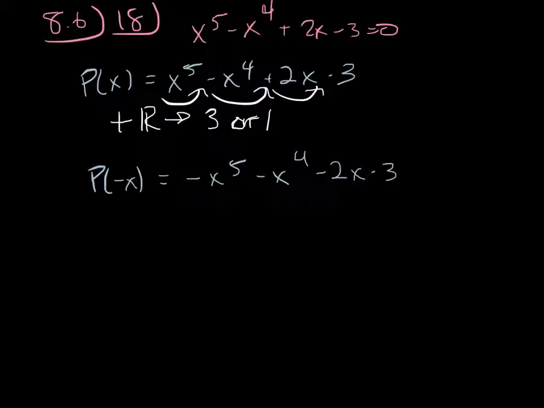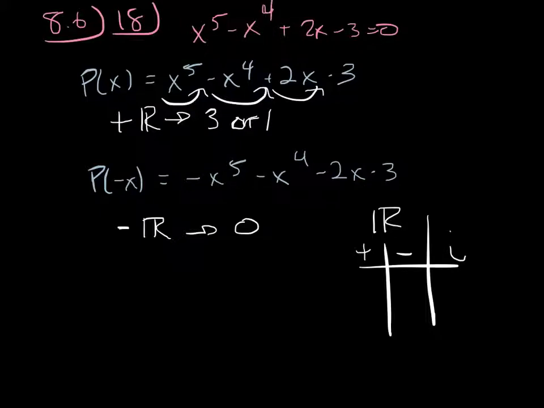Remember, P of negative x deals with negative real. In this case there are 0 sign changes. So I have real, positive or negative, and I also have imaginary. I can have 3 positive real, 0 negative real. I could have 1 positive real, 0 negative real.